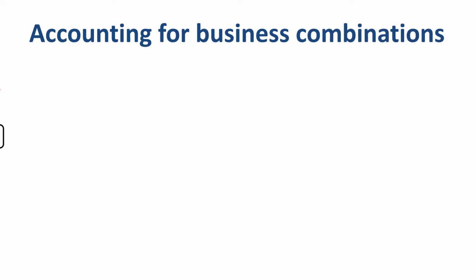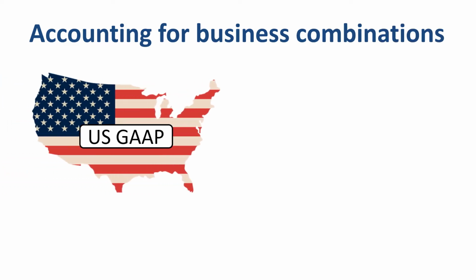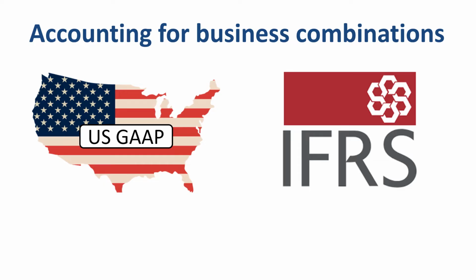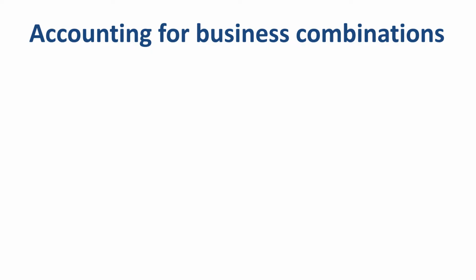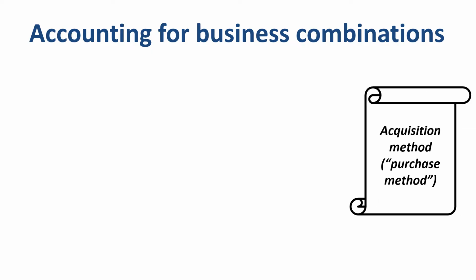How to account for a business combination. US GAAP and IFRS are largely converged in this area, meaning that the principles and language in key accounting standards like ASC 805 and IFRS 3 are close, but not fully the same. The accounting frameworks today are based on the acquisition method, also known as the purchase method.